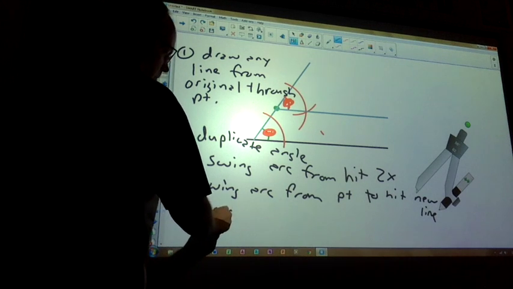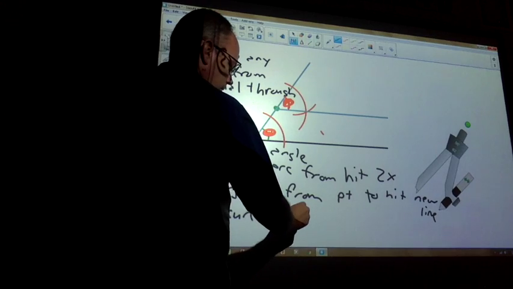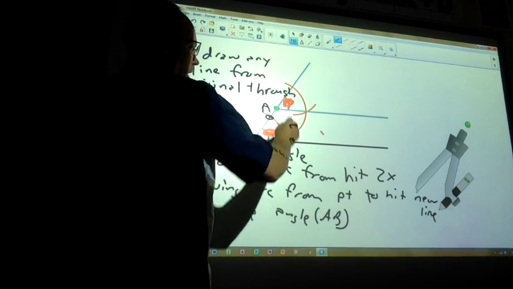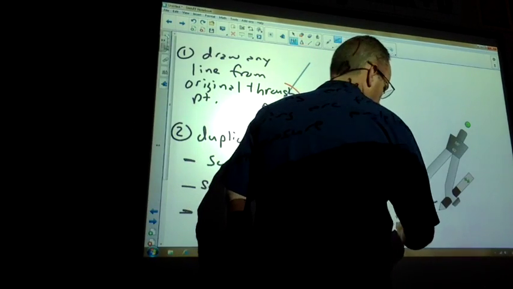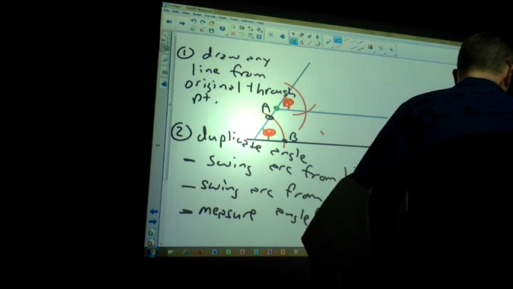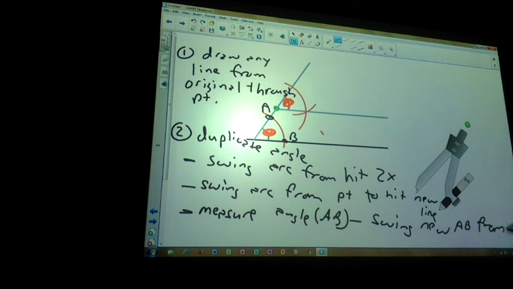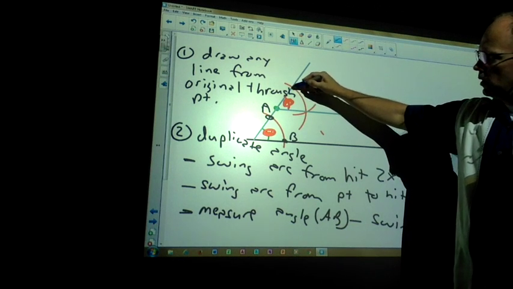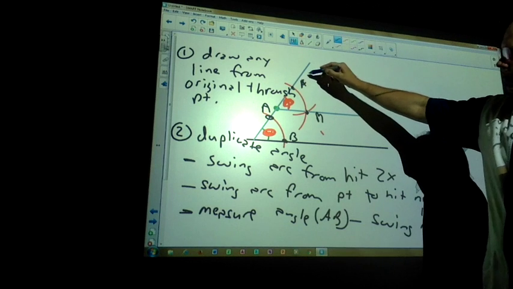Measure the angle, and let's just call this AB, make that A, make that B, and then swing new AB from the arc. Here, so swing new AB. That's an A.